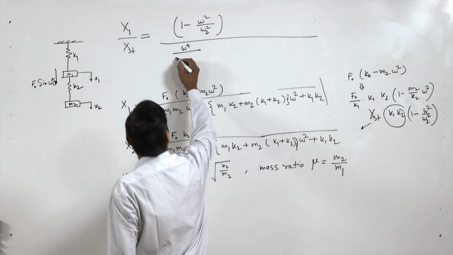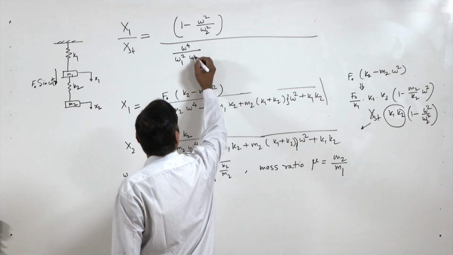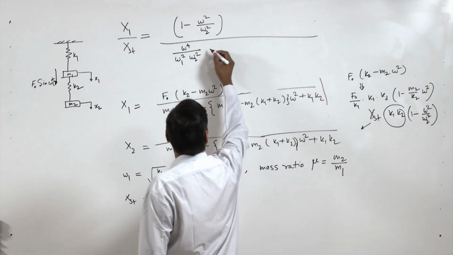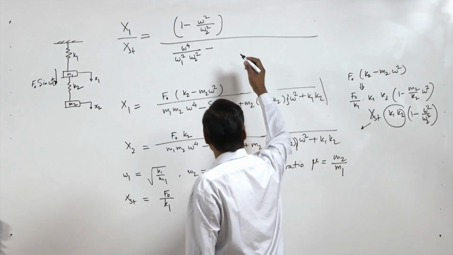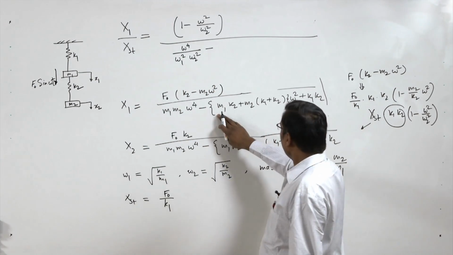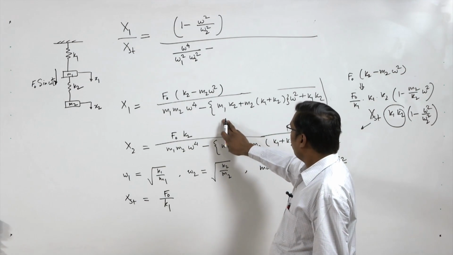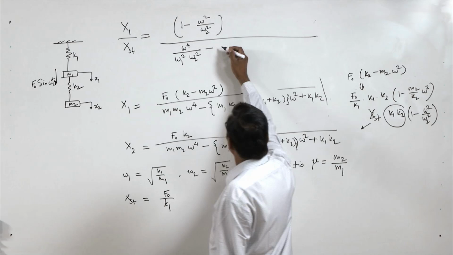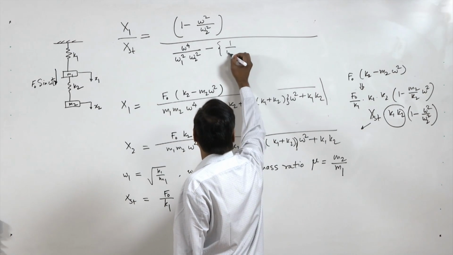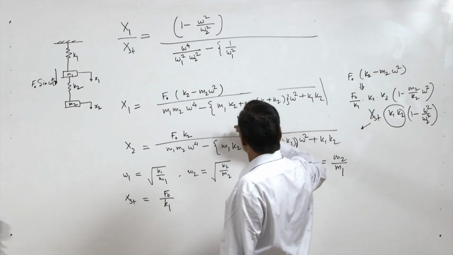So we will have omega 1 square and omega 2 square minus, here we will again have k1 by k2. So k2 will cancel out, we will have m1 by k1, so we can write 1 by omega 1 square.